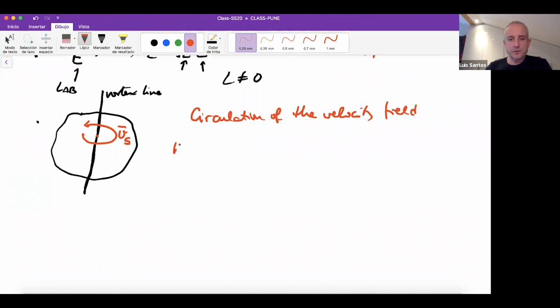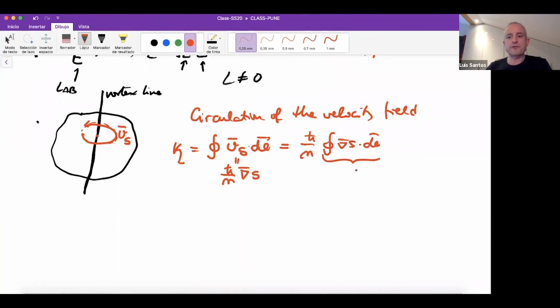It's just, which I will call kappa, the line integral around these closed trajectories of the velocity field. But now this velocity field is h bar over m times the gradient of the phase. So what we have here is h bar over m times the gradient of the phase times dl, which is nothing else than the phase that I pick up when I go around this trajectory.